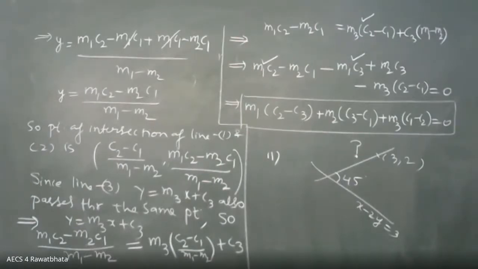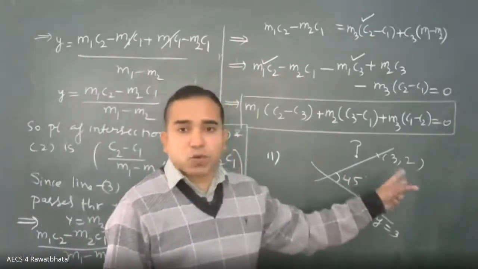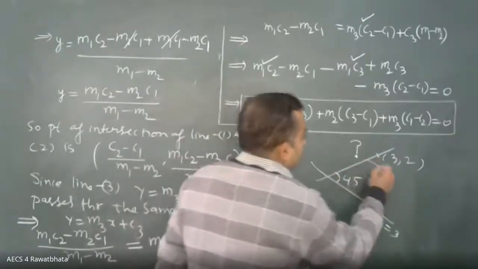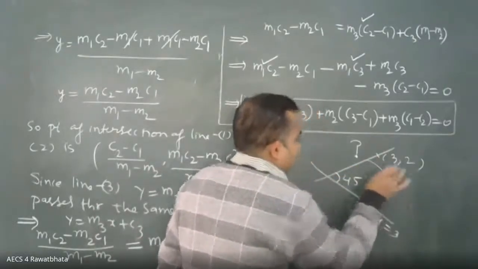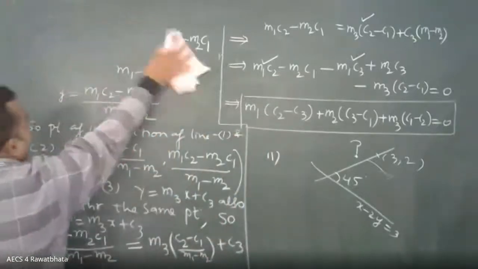Bhavya, any suggestion? For the equation of a line passing through one point, what is the formula, Bhavya? We can apply that here. One point we know.